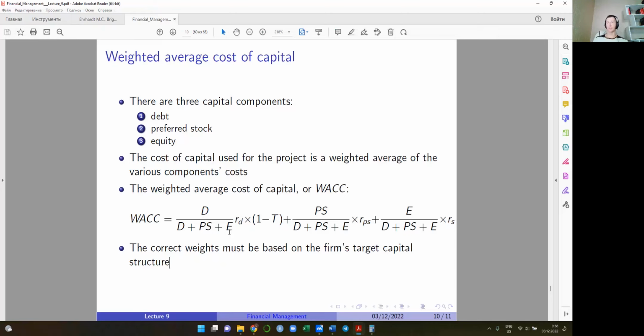So how much percent is going to be debt, how much is going to be preferred stock, how much is going to be common stock. For example, if a firm wants to fund its investment project with 70% of debt, 10% of preferred stock, and 20% of equity, then it's going to be 70% here, 10% here, 20% here.